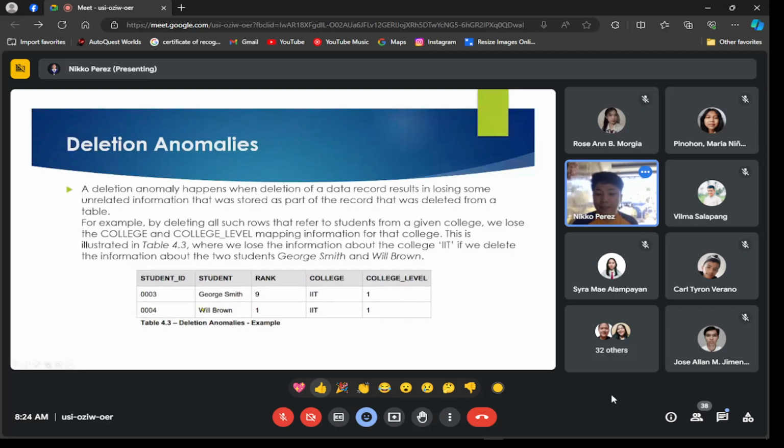So if we delete these two students, George Smith and Will Brown, knowingly that these are the only students enrolled to IIT, then we will be losing the idea that there are college and college level existing as IIT because there are no longer students enrolled on that. So that's the problem of a deletion. It will entirely affect the data that should not be affected during the deletion. But since this is an anomaly, having this merged schema or table, it will result on that problem. It will delete the record entirely.